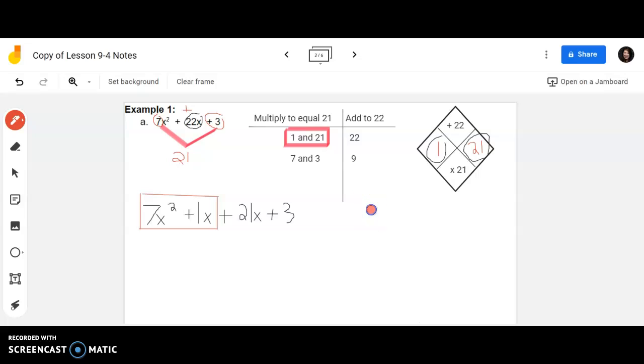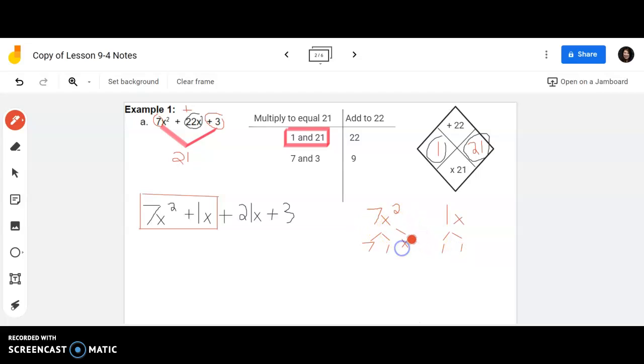So what we need to figure out is what are the factors of 7x squared and 1x? We actually need to figure out the greatest common factor. What's the greatest common factor of 7x squared and 1x? You can figure that out: 7 just breaks down to 7 and 1, and 1 just breaks down to 1 times 1. But 7x squared means the 7 has two x's.